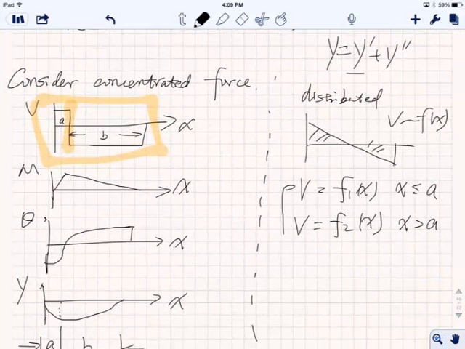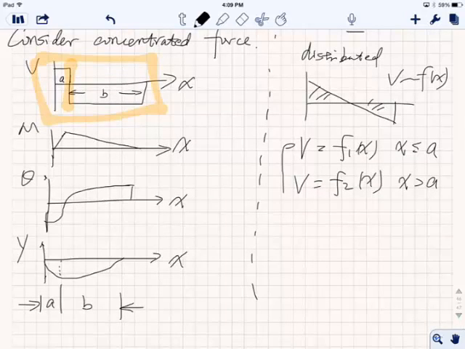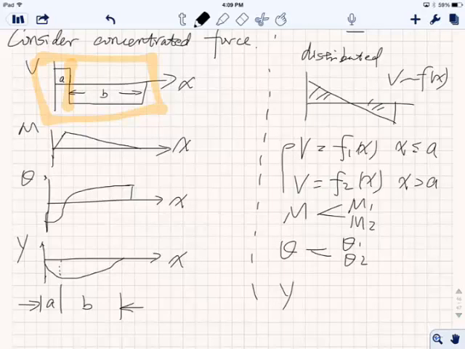Agree? The shear force is discontinuous, so you have to have two different sections instead of one. So all your M will have two sections: M1 and M2. Your theta will have theta 1 and theta 2, and your Y eventually will have Y1 and Y2, divided by x smaller than a or bigger than a. Make sense? So there are two lines here.